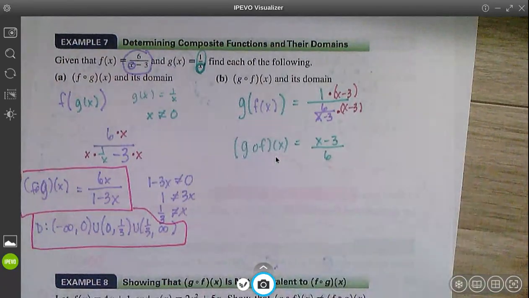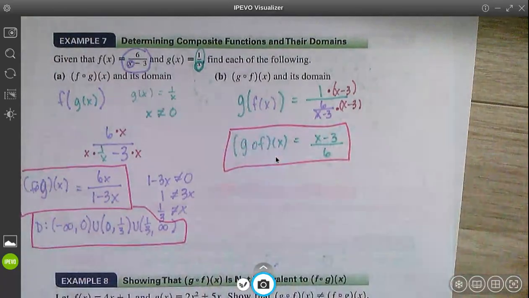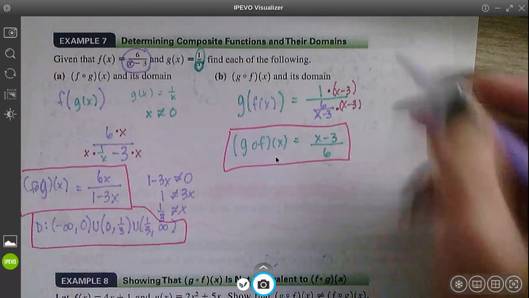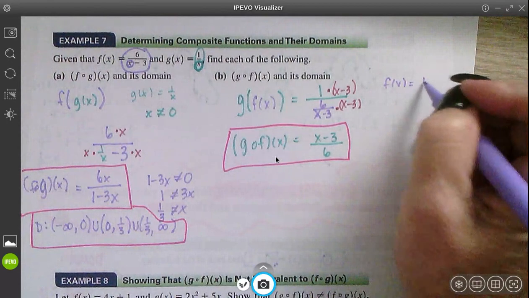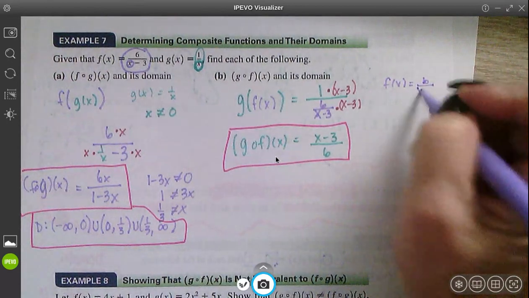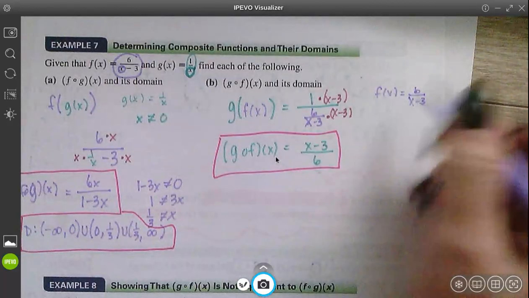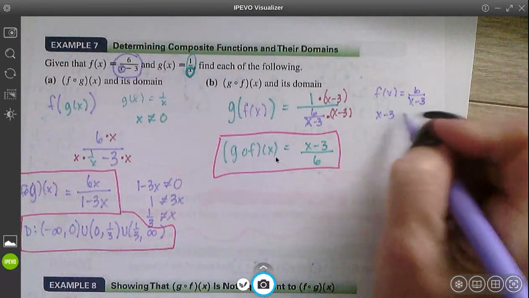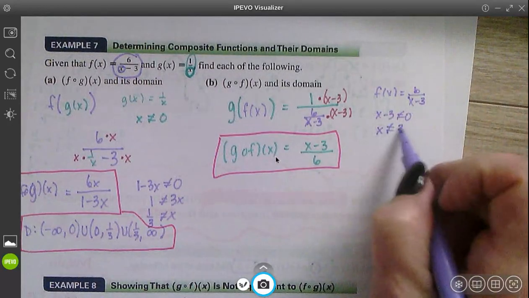That's the answer. Now we need to look at domain. Remember, for domain we need two parts. We need to look at the domain of the input function, which in this case was f of x, and the final function. So f of x was 6 over x minus 3. For the domain, I have variables in the denominator, so I set the denominator not equal to 0. So this is going to be x cannot equal 3.